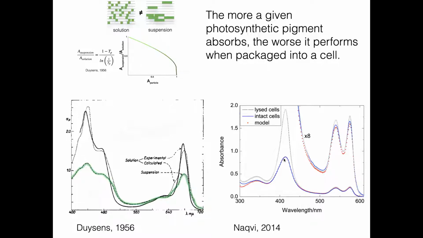It works. And so we have this other problem as we generate more and more packaged and complex absorbing structures in biology: the more a given photosynthetic pigment absorbs, the worse it performs if my goal is to absorb all the light out of the system, which is yet another source of inefficiency.